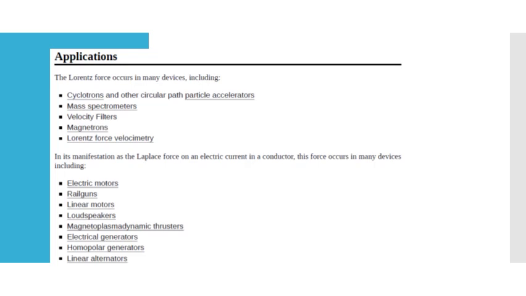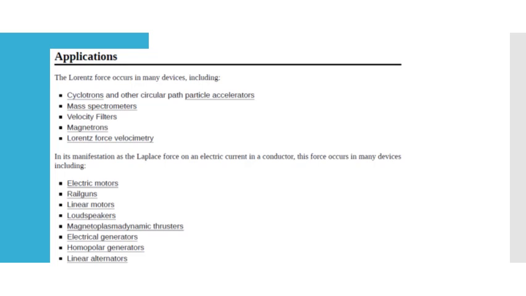In its manifestation as the Lorentz force on electric current in a conductor, this force occurs in many devices like electric motors, rail guns, linear motors, loudspeakers, magnetoplasmadynamic thrusters, electric generators, homopolar generators, alternators.